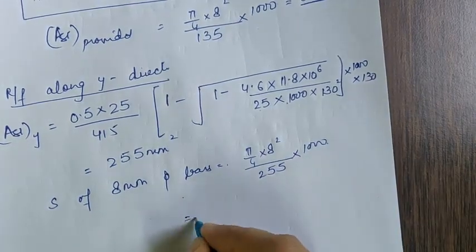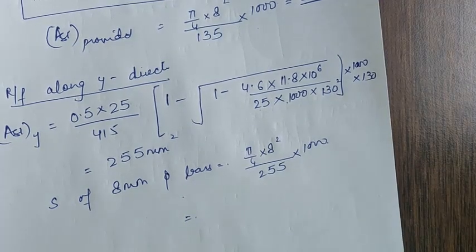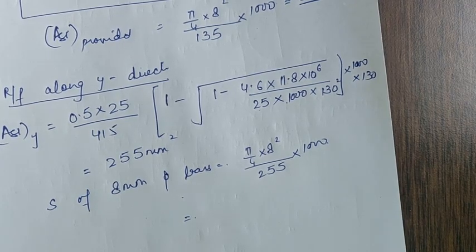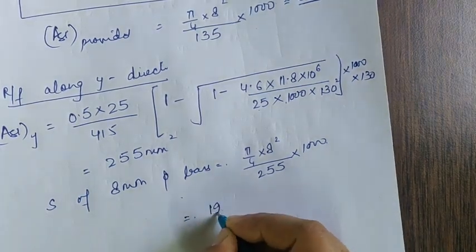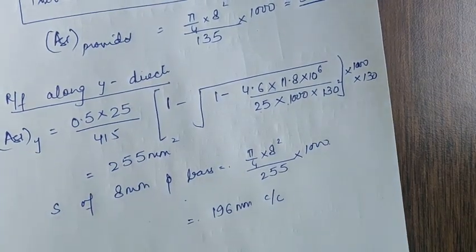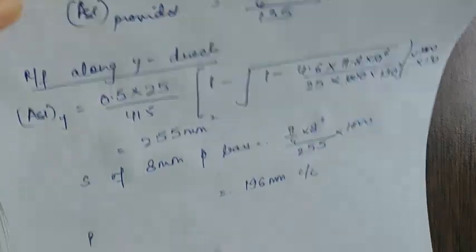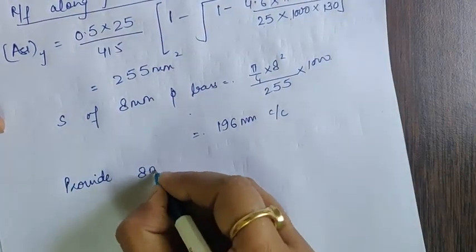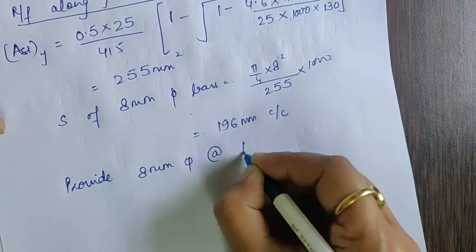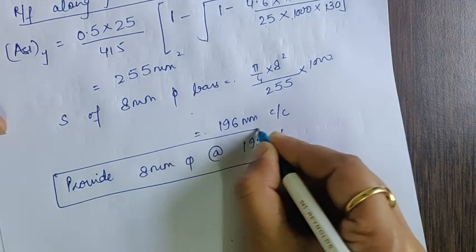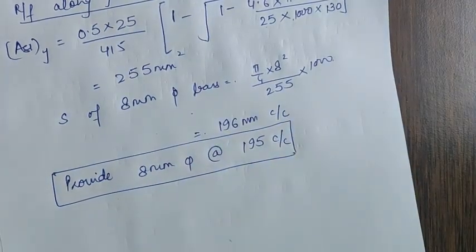So this is coming out to be 196 millimeters center to center. So let us say we provide 8 mm dia at the rate of 195 center to center for the reinforcement along y-axis.